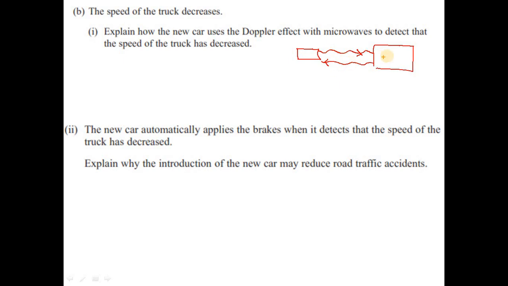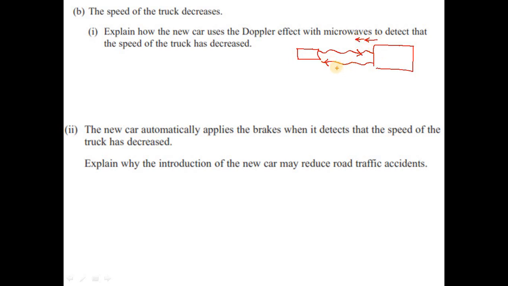So if the car and the truck maintain a constant distance, that means the wavelength between the sent wave and the received wave will be the same. But what happens when the speed of the truck decreases and the car starts coming closer and closer?